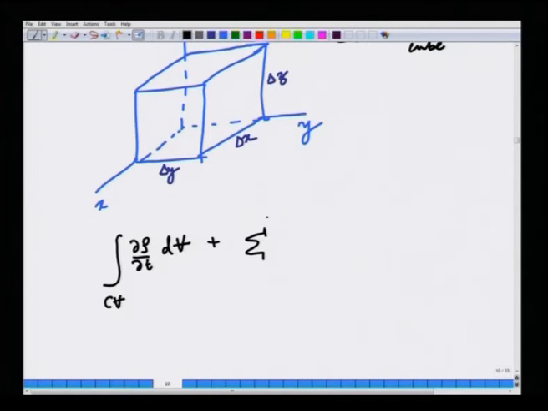Now, another thing we are going to assume is that since the sides of the cube are so small, they are infinitesimal, we are going to assume uniform velocities, because the region of interest through which the fluid is going to flow is so small.